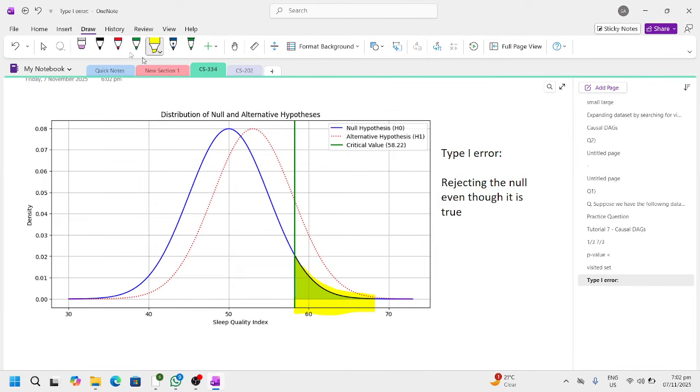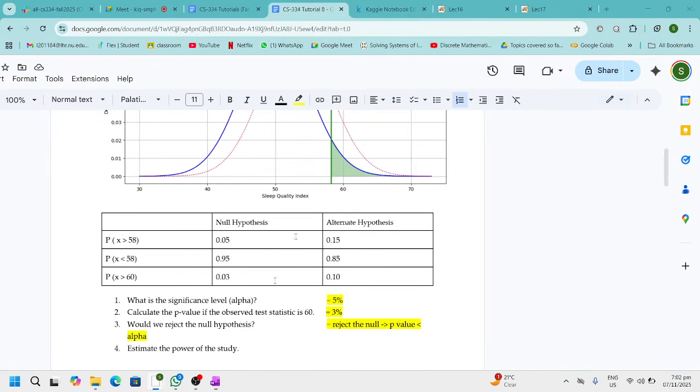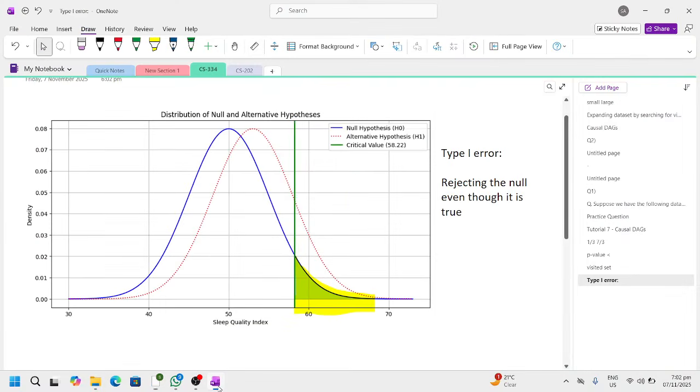Our significance level was 5% if I'm not wrong. Let's double check as well. Yes, our level was 5%. So it means there is a 5% chance that I will have a value in this region. And of course, there is a 95% chance that I will have a value in this region.